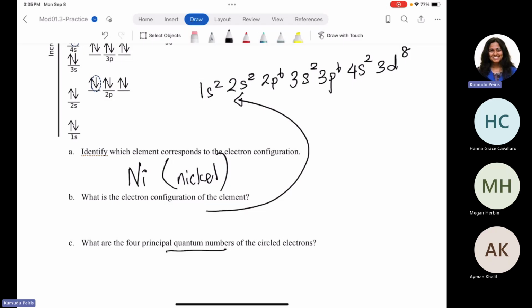We cannot tell exactly where the electron is located inside an atom. But we are trying as much as possible to give the location for this electron.